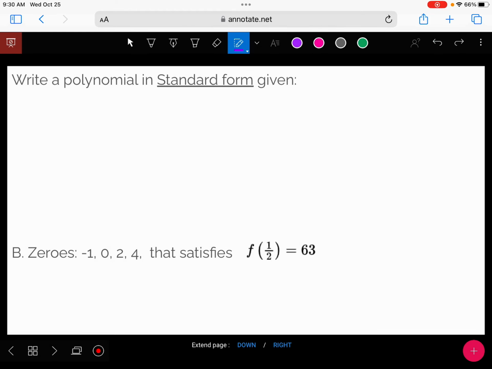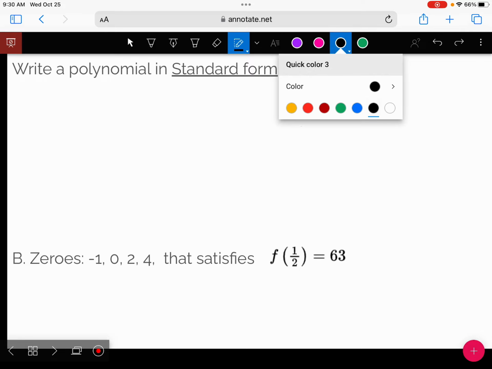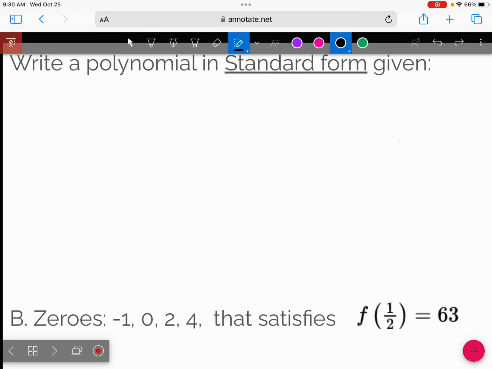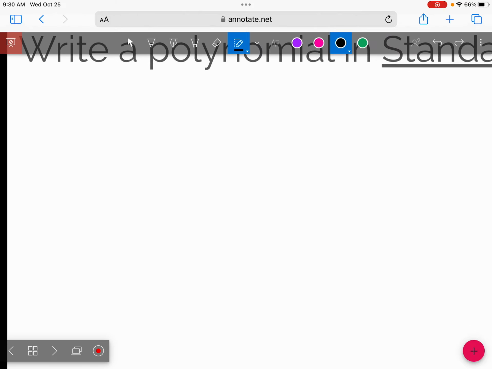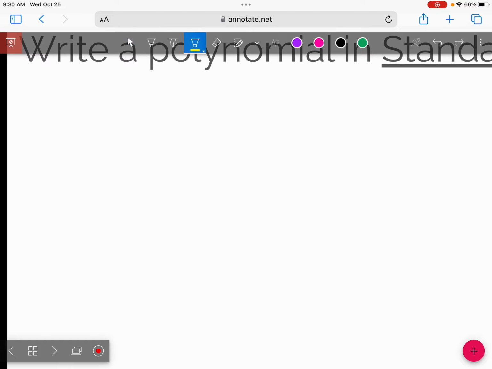Okay. So we'll just write our equation and then I'll erase the bottom thing so that we have that space. So let's write our polynomial first, our f of x, for when we don't know our a value.